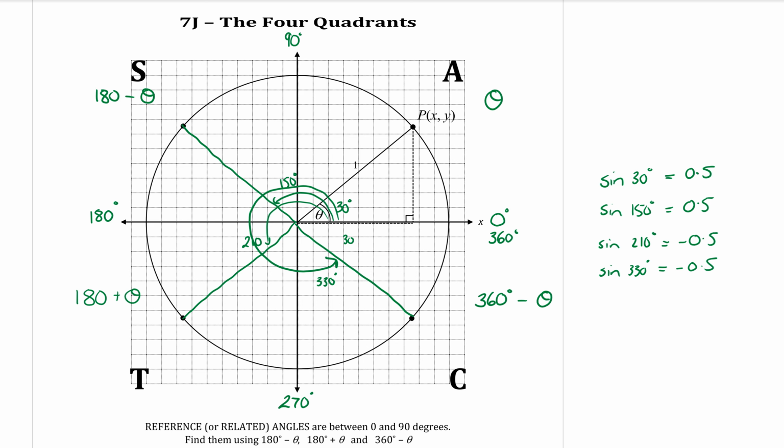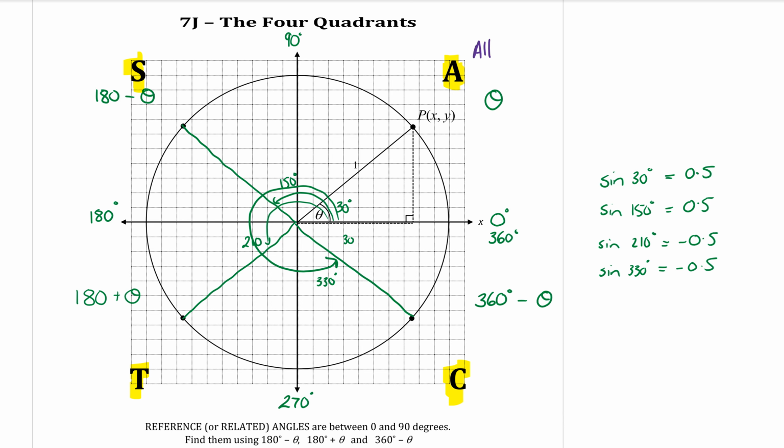Now, these letters that are written around the outside here, we have an A, S, T, and C. Now these letters are very important. The A stands for all.